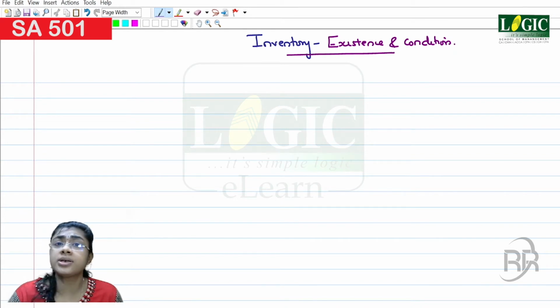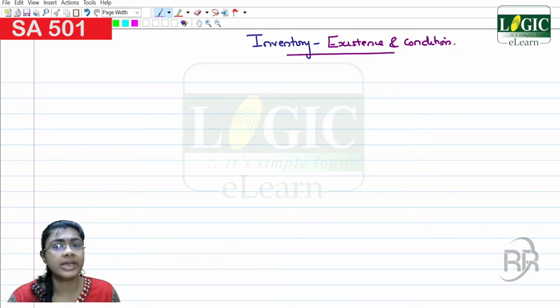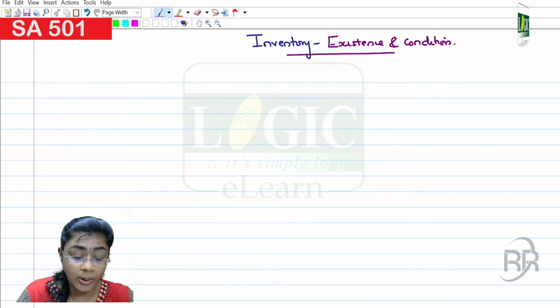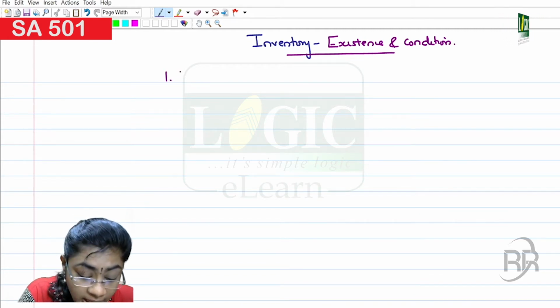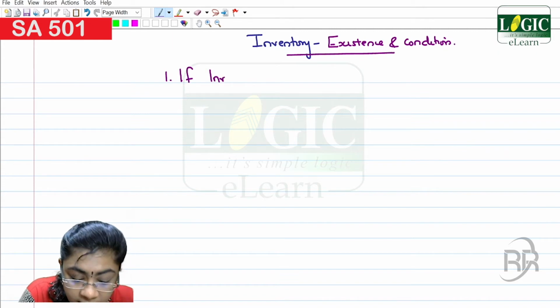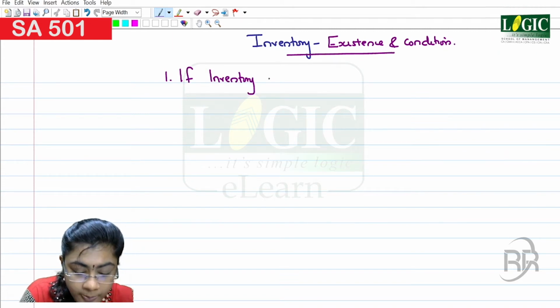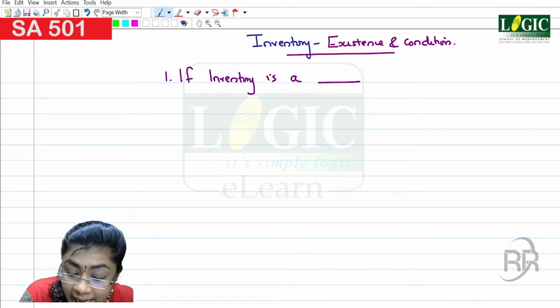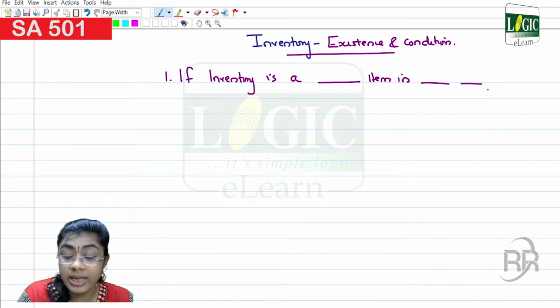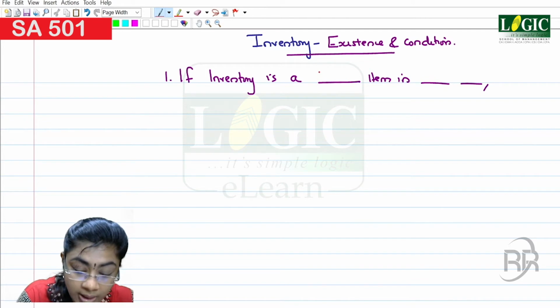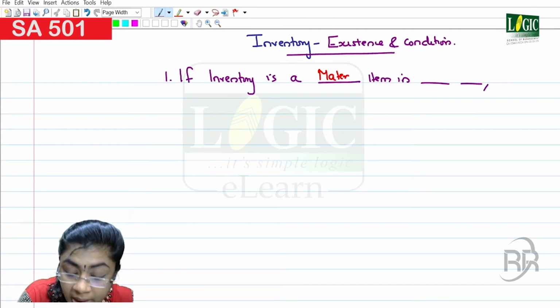So the first condition which you have to see as an auditor is, if inventory is a what item?